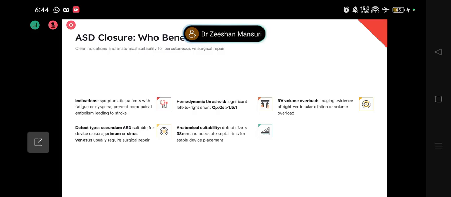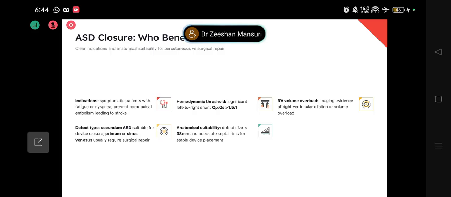Then RV volume overload, dilatation of the right atrium and right ventricle are indications for ASD closure. For anatomical suitability, they say the defect size should be less than 38 millimeters. I beg to differ. If the defect size is up to 42 mm as well, we have put in a device. I personally have put in a device; the largest was 44 millimeter Lepu Memo Part septal occluder.